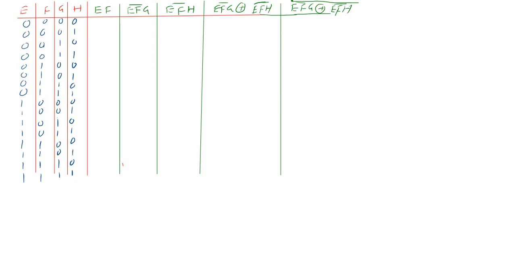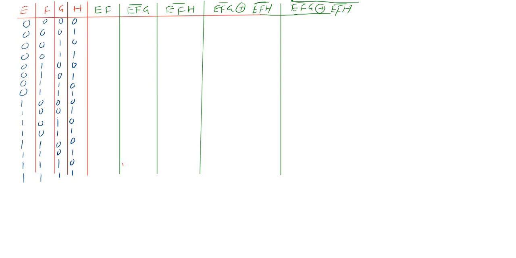So we take the values of E, we AND them with the values of F. We know the rules of logic multiplication. We have a 1 where the inputs are only 1. So if both inputs E and F are 1 is when we have 1.